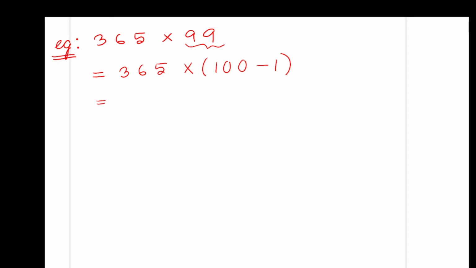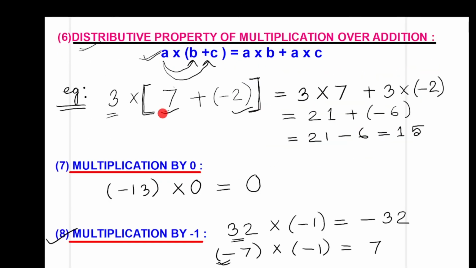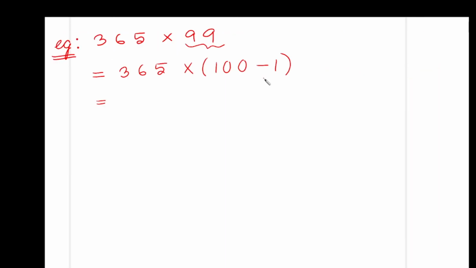To find the answer, we get it a little bit easier, because here we have to apply the distributive property. 365 we have to distribute over 100 minus 1. We have discussed this over addition, but here I have written minus.